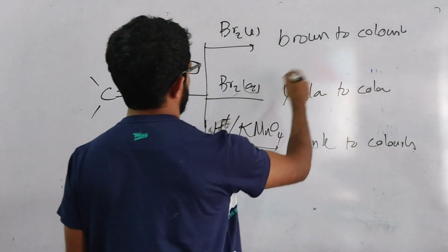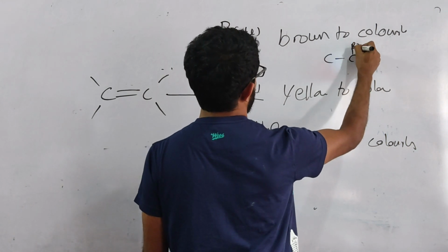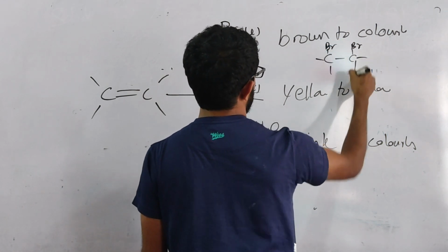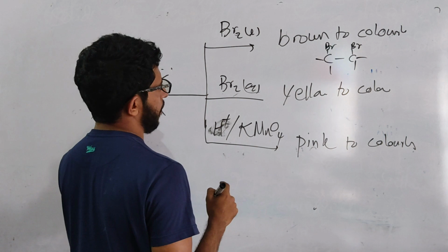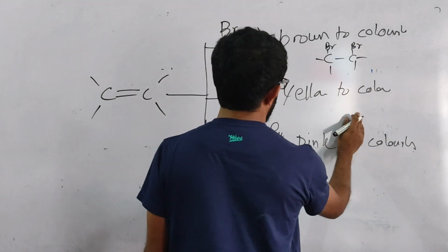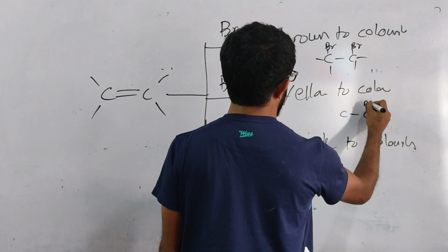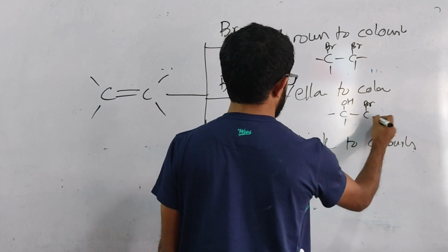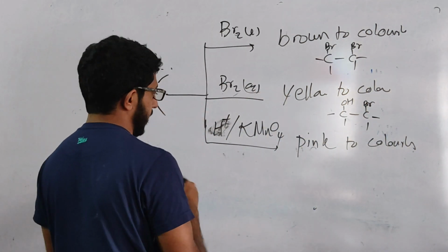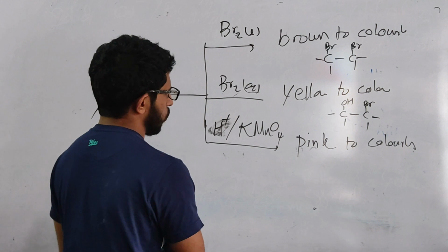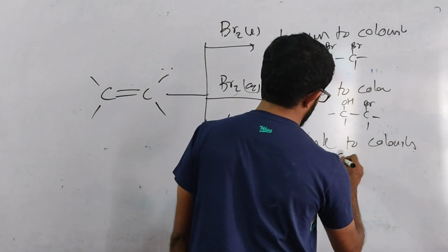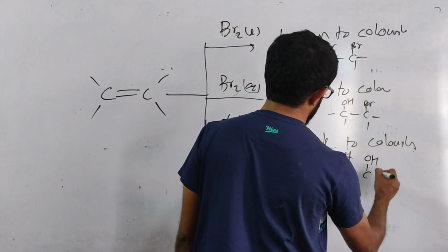So what happens is with bromine you get 2 Br atoms, right? The double bond breaks, and you get 2 Br atoms. Yellow to colorless is where you get a Br and OH. I'll explain these reactions in detail later in the video. These are just two identification tests. Pink to colorless, you get two OH groups instead of the double bond.